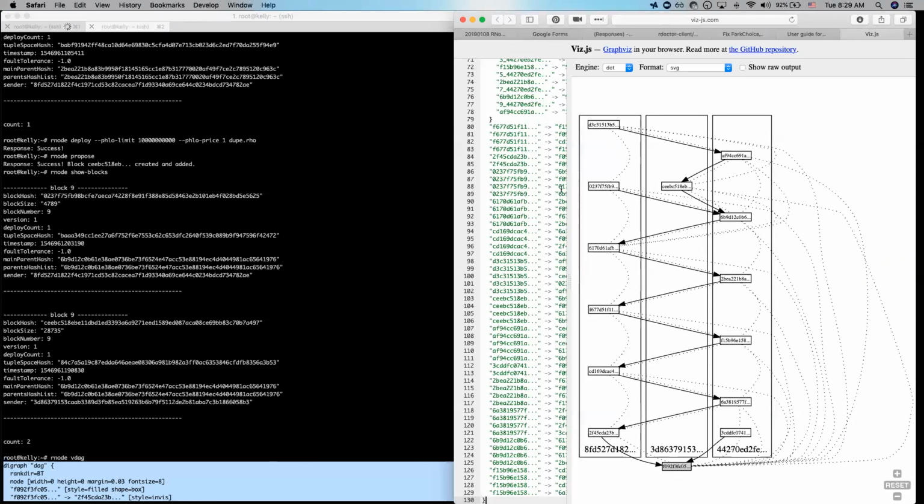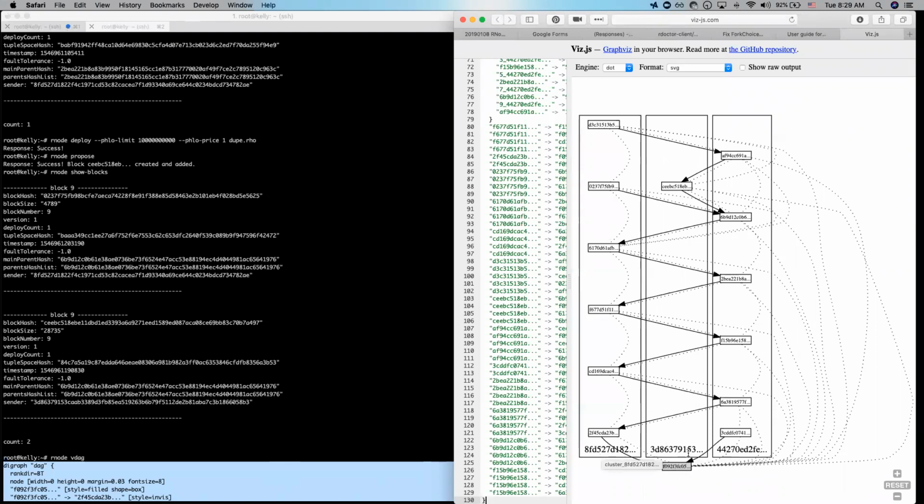All right, so if you're looking at my screen, I've been running a node. I'm connected to the bootstrap, I'm joining you guys on the network, and I asked the node to report its vision of what the DAG looks like, and this is it. You can see down here is the Genesis block.